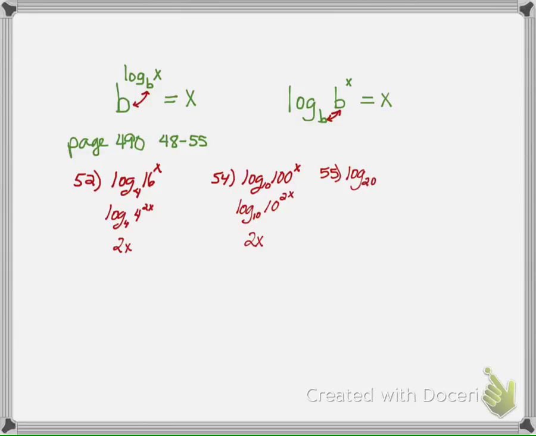What about 55? This base was 20, and then this was 8,000 to the x. So, can we make 8,000 have a base of 20? Okay, 20 to what power? To the power of 3? Did anyone check it on their calculator to make sure? Good, you should check that.